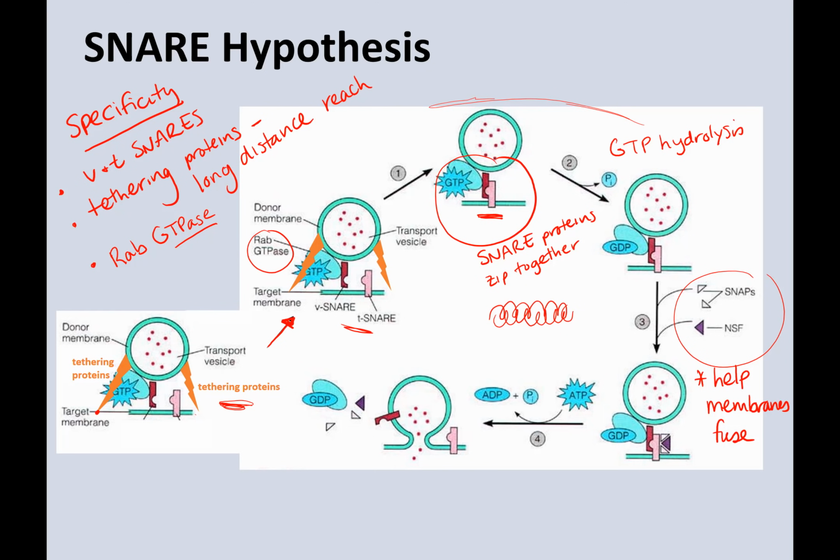They help the membrane fuse, and they also release the SNAREs that are bound, the SNARE interactions, and they release the GTPase. And as this diagram shows, it's believed that ATP energy is required for this to work. So by breaking this interaction here, the membranes can now fuse and the contents are released.